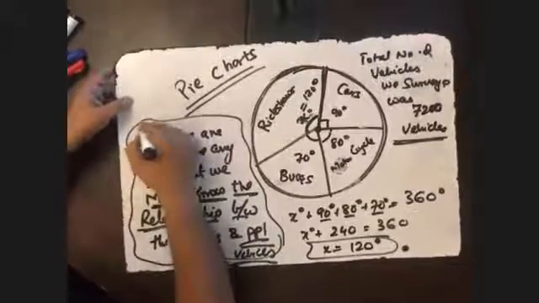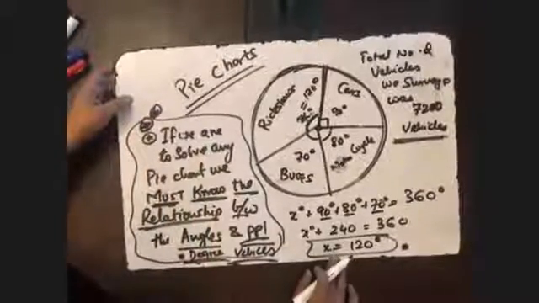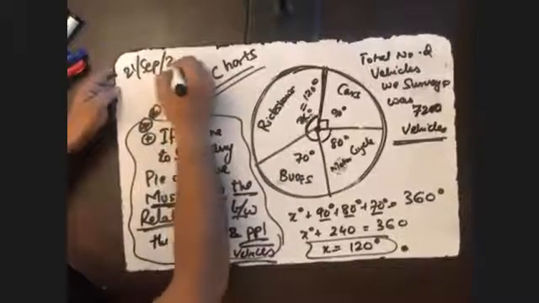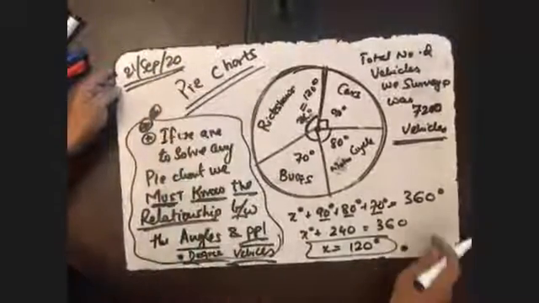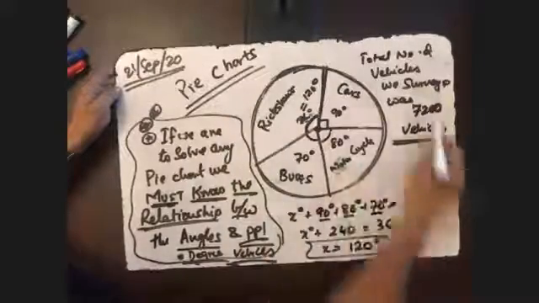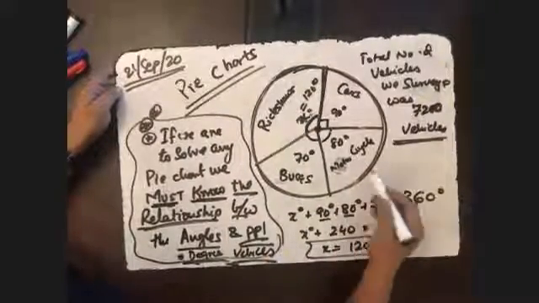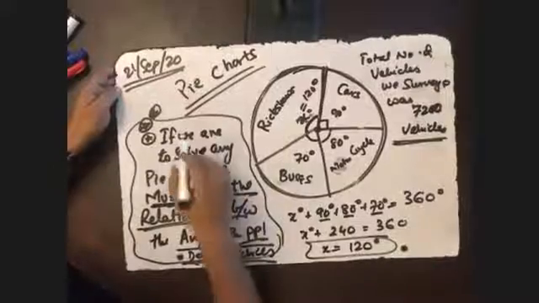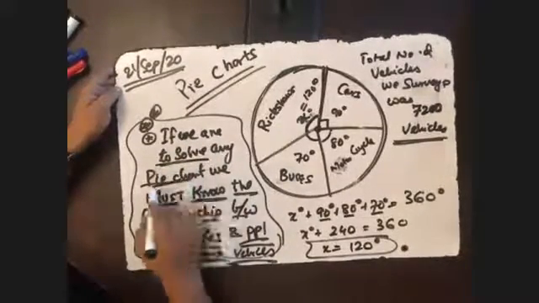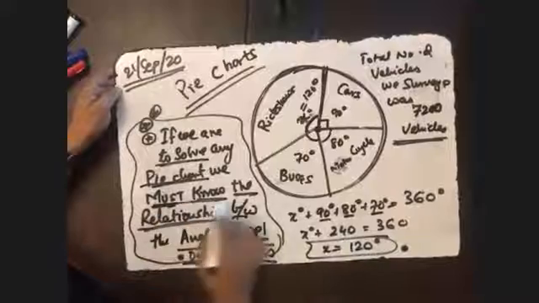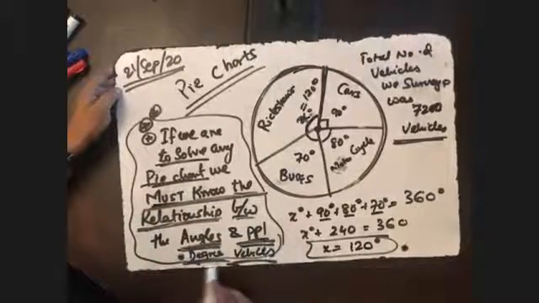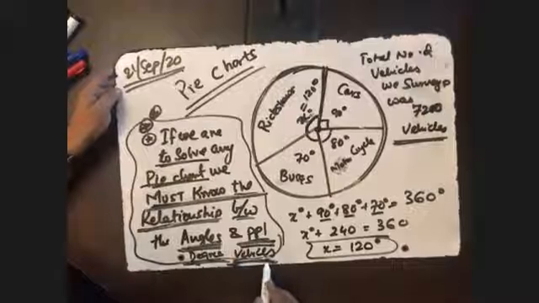So I'm marking 3 stars on this, and today is the 21st of September 2020. I'm allowing you exactly 1.5 minutes to copy everything on this board, because now I'm going to do some questions with it, okay? If we are to solve any pie chart question, we must know the relationship between angles and people, degrees and vehicles.